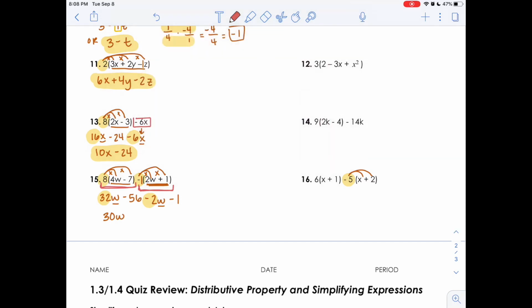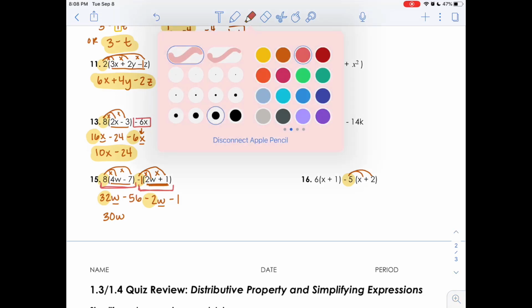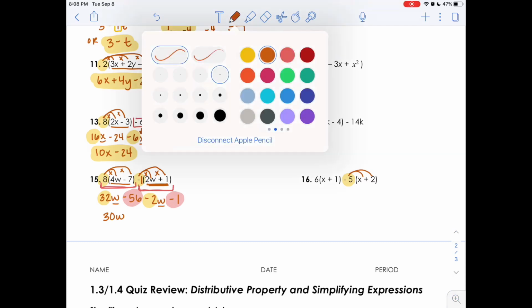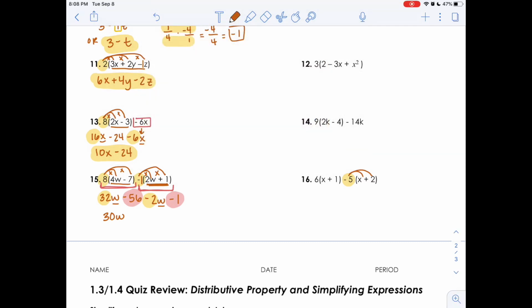And then you may also notice that I have a -56 and a -1. These are both constant terms. They have no variable, so I can combine them. -56 minus 1 is -57. These terms cannot combine, so this is our final answer.